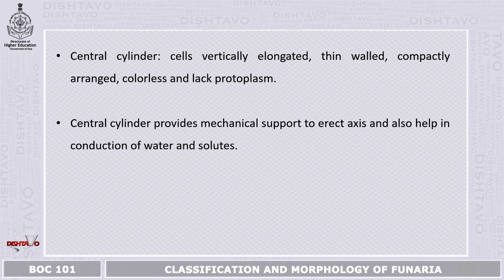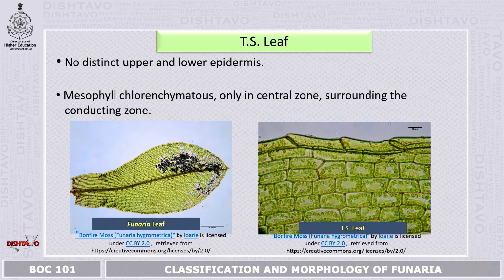Now the central cylinder: the cells are vertically elongated, very thin-walled, compactly arranged and colorless. They lack protoplasm. This central cylinder provides mechanical support to the erect axis and also helps in conduction of water and solutes.